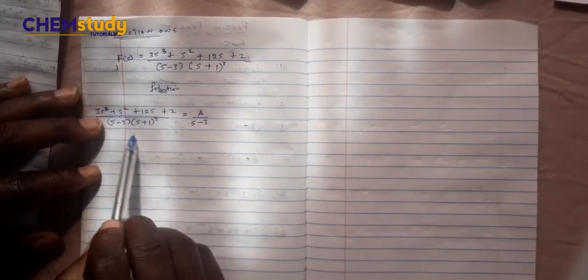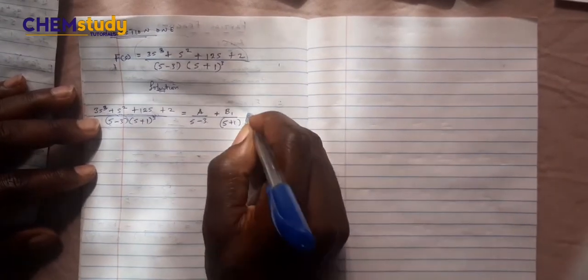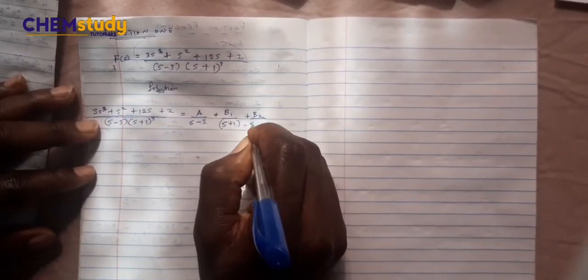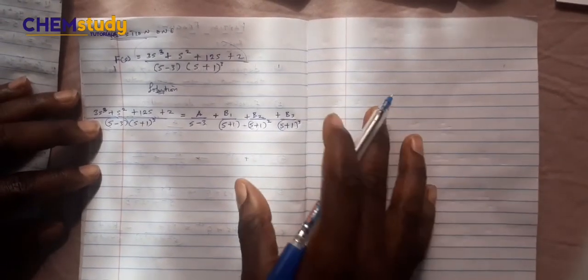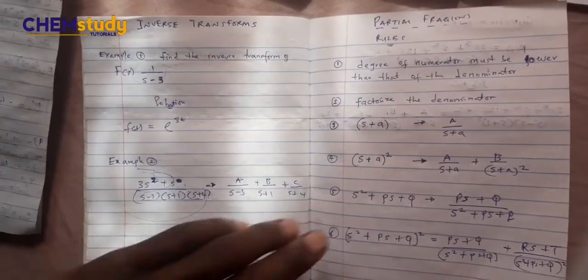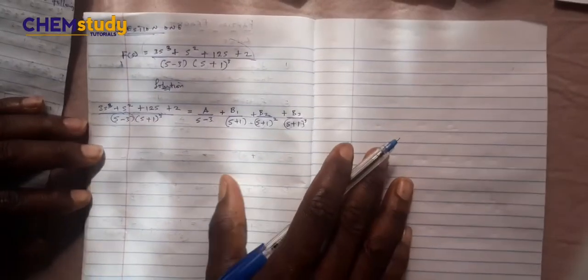Now our second denominator looks like this, so we write plus b1 over s plus 1, then plus b2 over s plus 1 squared, then plus b3 over s plus 1 cubed, just as stated in rule 4. So you just expand it and spread it out.